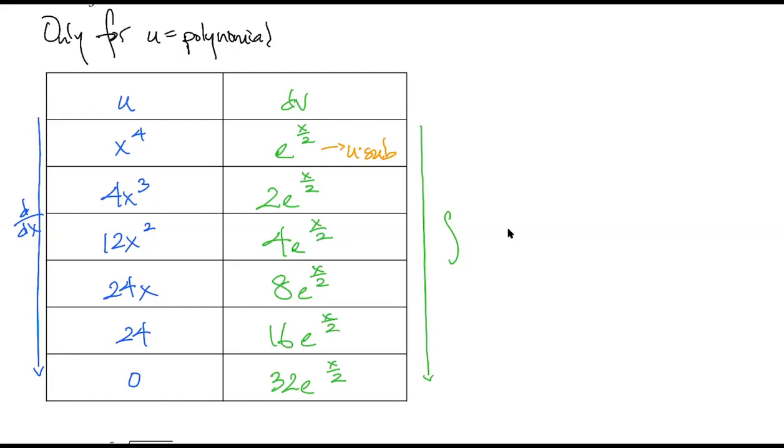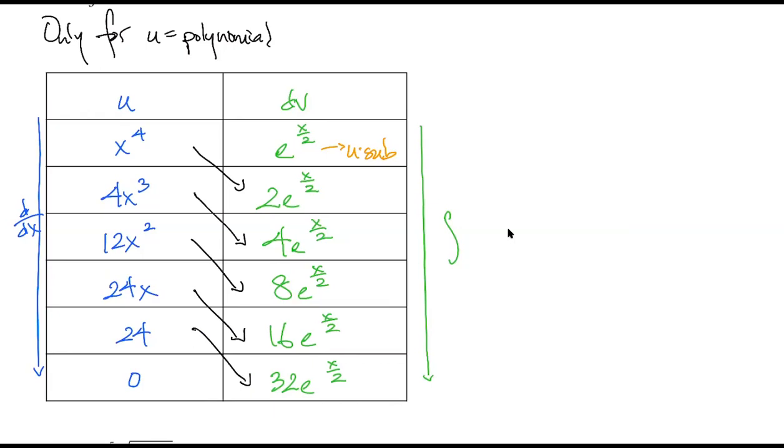We're gonna multiply, multiply, multiply, multiply. So we should have 1, 2, 3, 4, 5 terms in our answer.